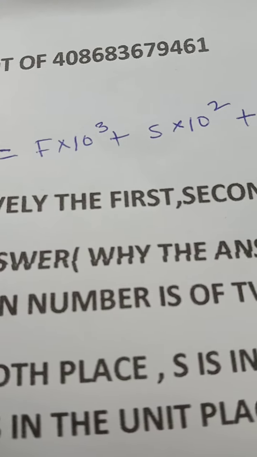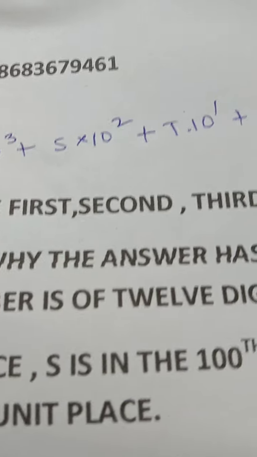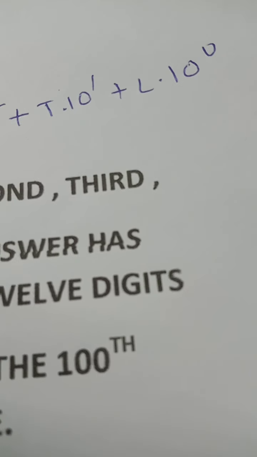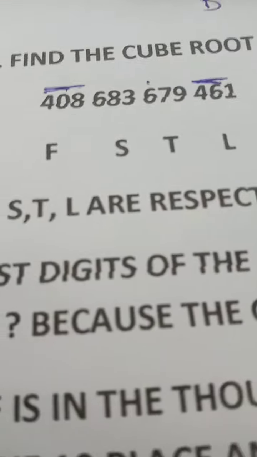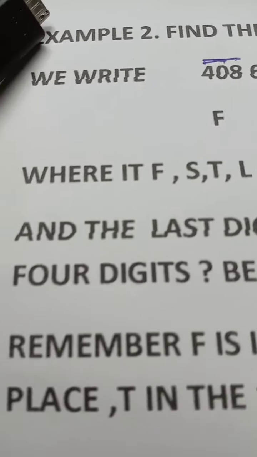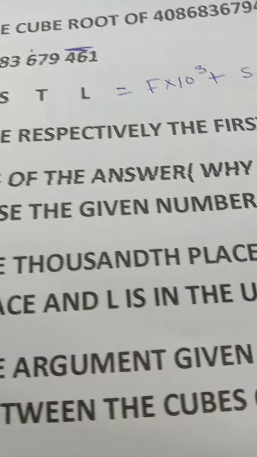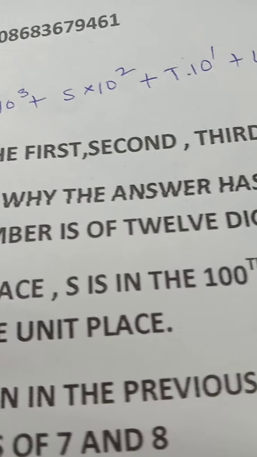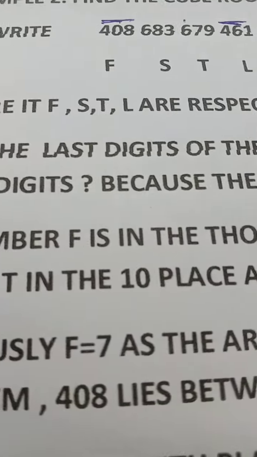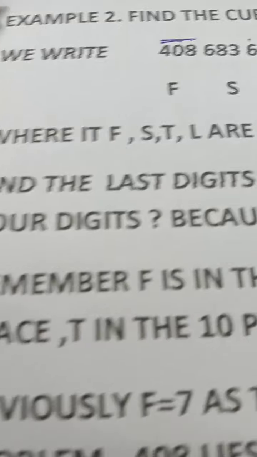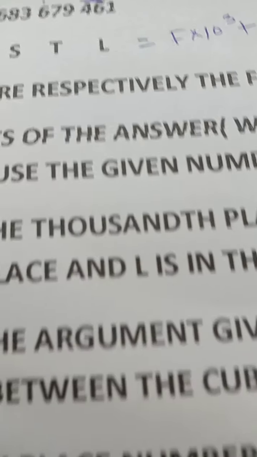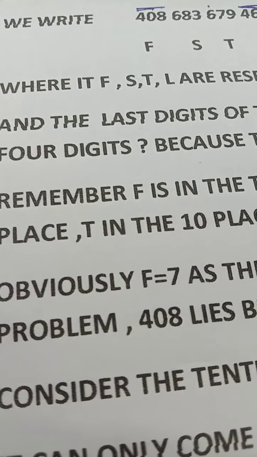In decimal places, it means the number must be F into 10 cube plus S into 10 square plus T into 10 plus L. This is very important to remember. F is in the 1000 place, S lies in the 100th place, T lies in the 10th place, and L is the unit place. The answer has 4 digits because the given number is of 12 digits.